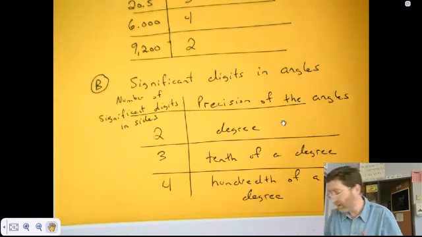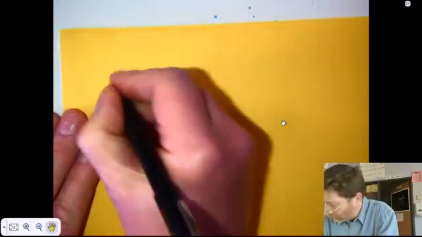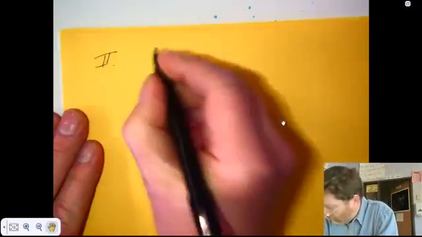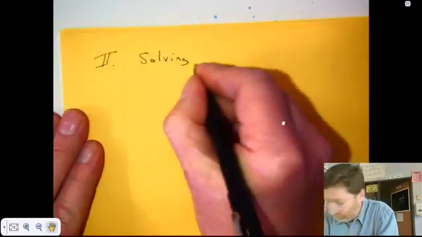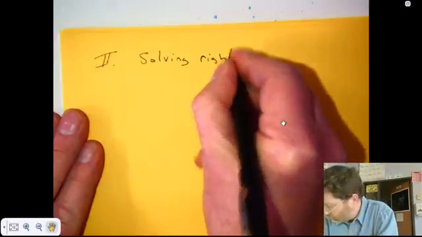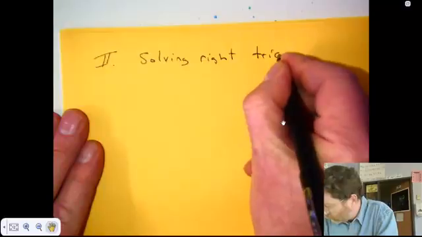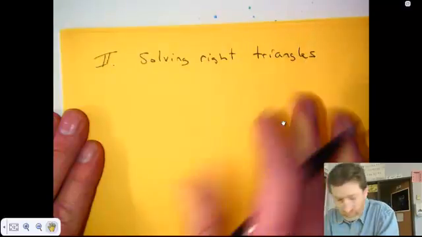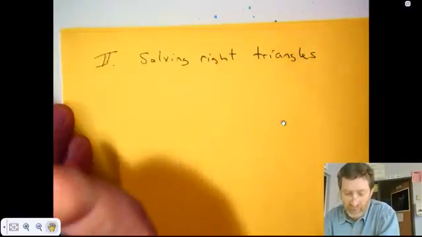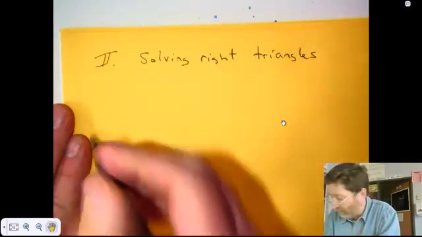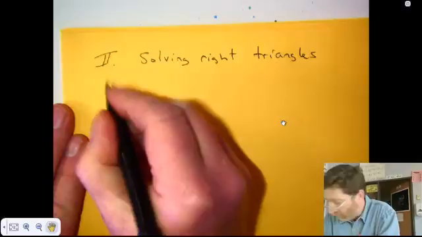So basically, you're given parts of a triangle and want to find everything you're not given. So let's go through some examples.